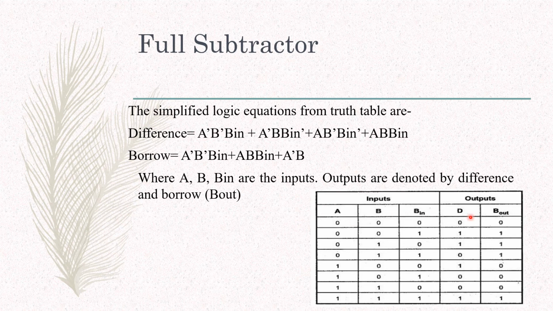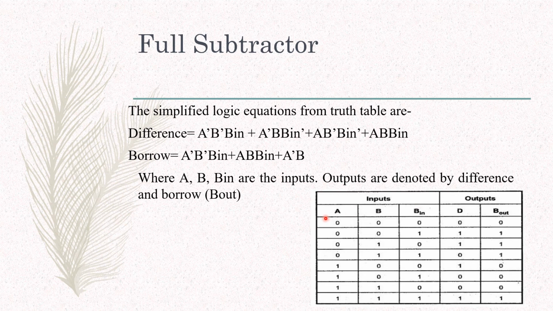The difference output from the second half subtractor is the exclusive OR of the borrow input and the output of the first half subtractor, which is the same as the difference output of the full subtractor.